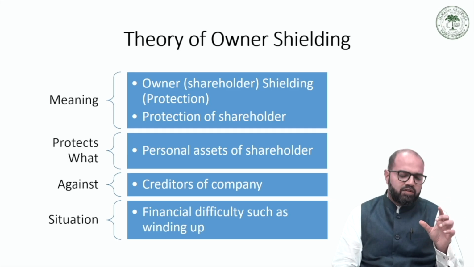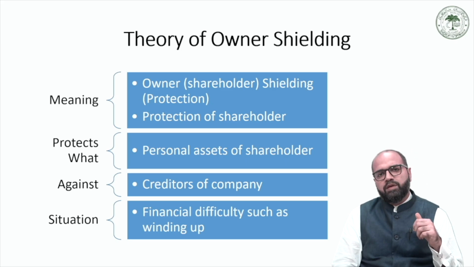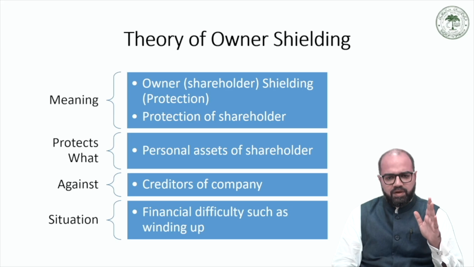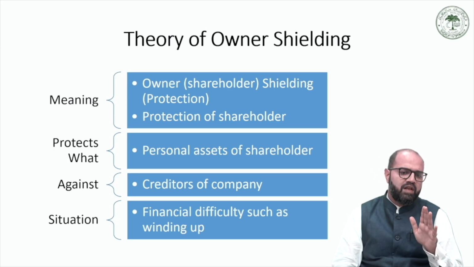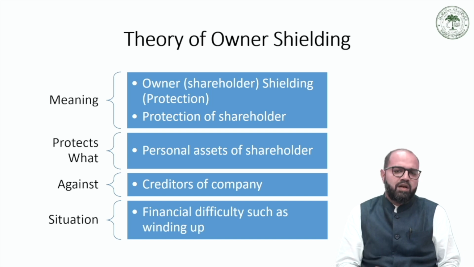So there comes a situation as to how do you make up the remaining liabilities? How will the creditors be paid? In that case, the company's members remain protected and their personal assets remain protected.